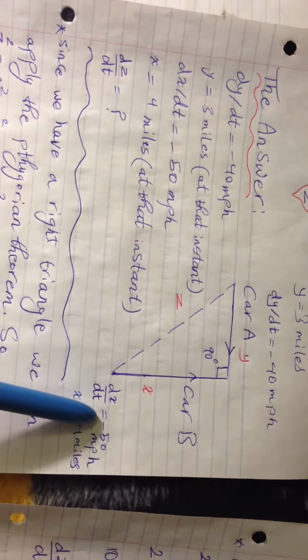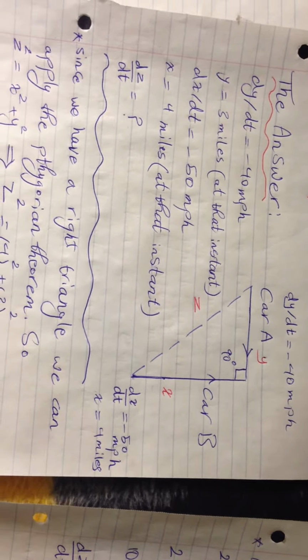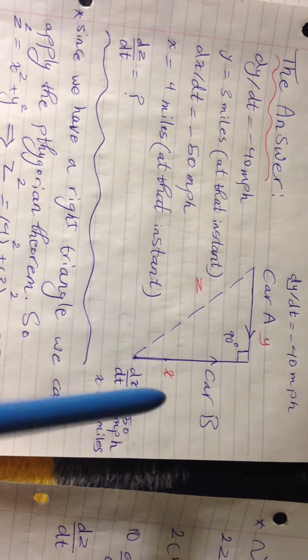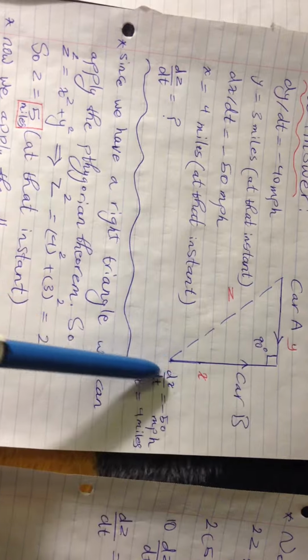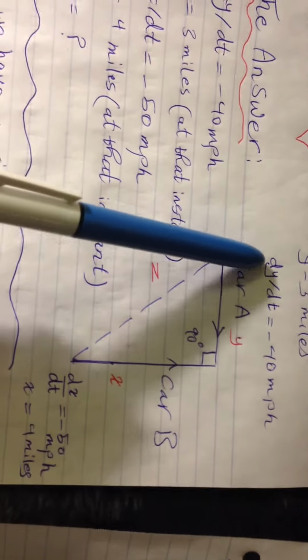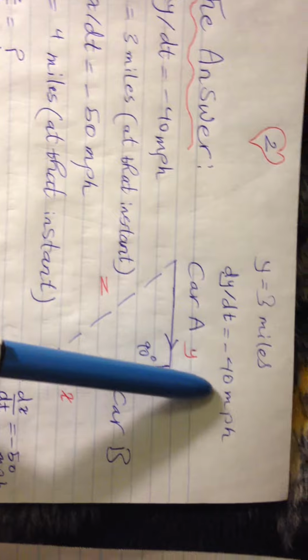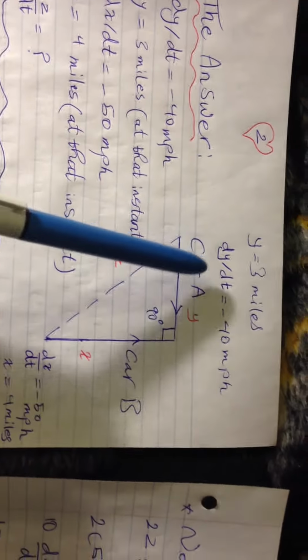So we are given dx/dt equals minus 50 miles per hour. And why is it minus? Because the distance is decreasing as car B is approaching the intersection. And same here, dy/dt equals negative 40 miles per hour because it's decreasing also.